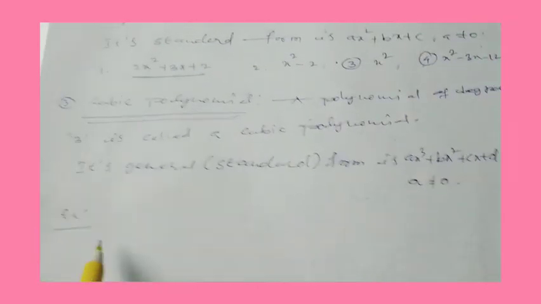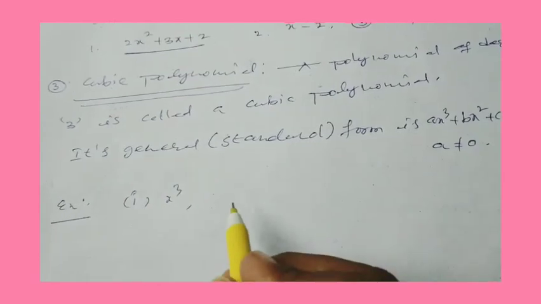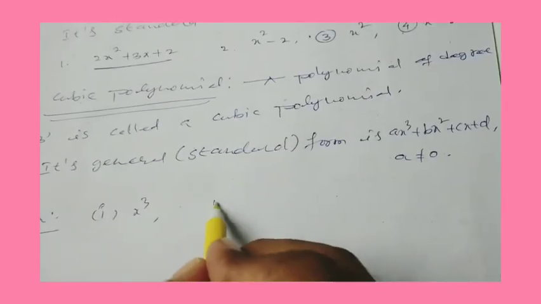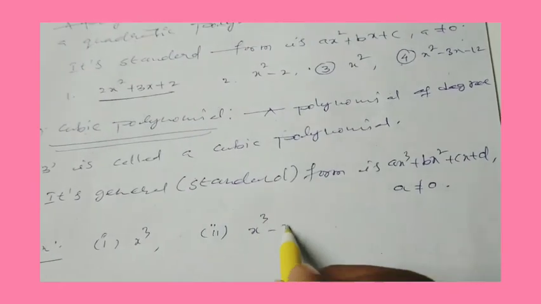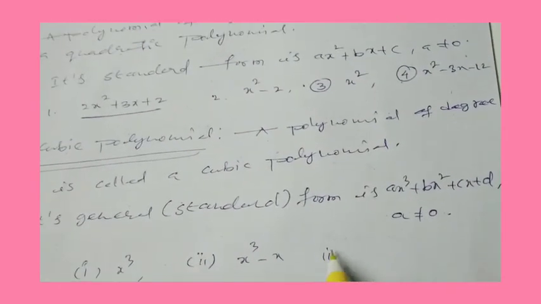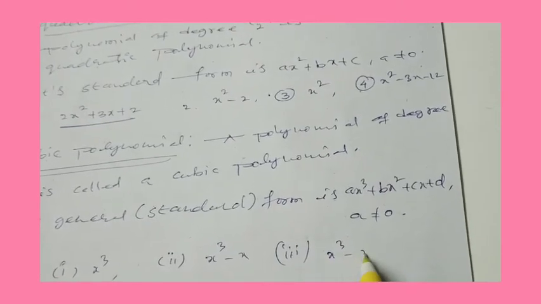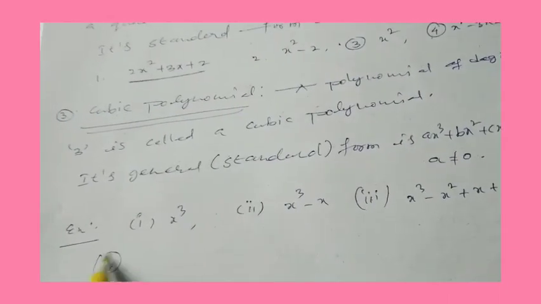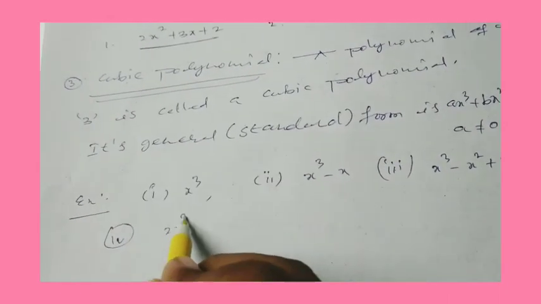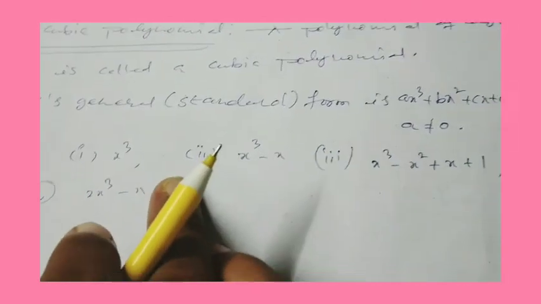Example, first one, x cube. X cube is one of the cubic polynomials. Second one, x cube minus x, cubic polynomial only. Next, third one, x cube minus x square plus x plus 1. Next, fourth one, 2x cube minus x. These all are cubic polynomials only. Why?